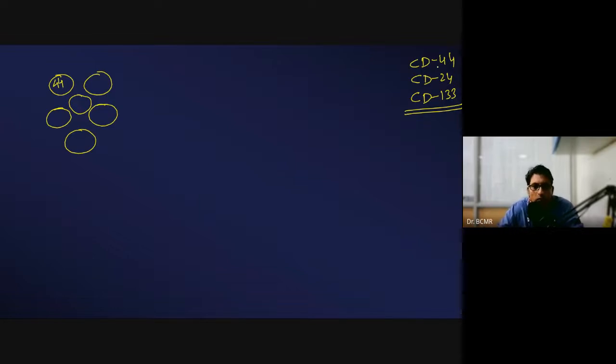We'll get to that in a while. So if I said 44, that means the cell is expressing only cell surface marker CD44. If I said 44 and 24, or 44 and 133, I will try to use a different notation so it's easy for me to write.